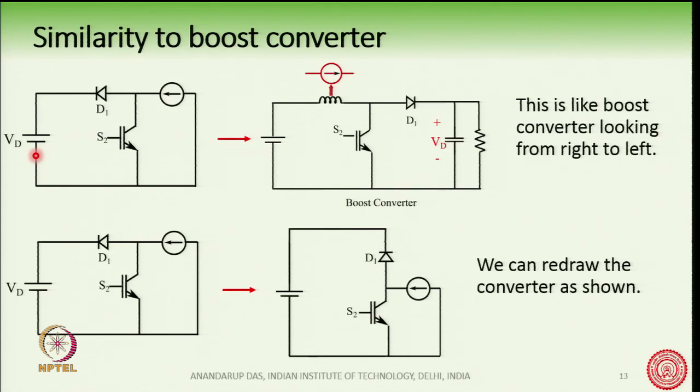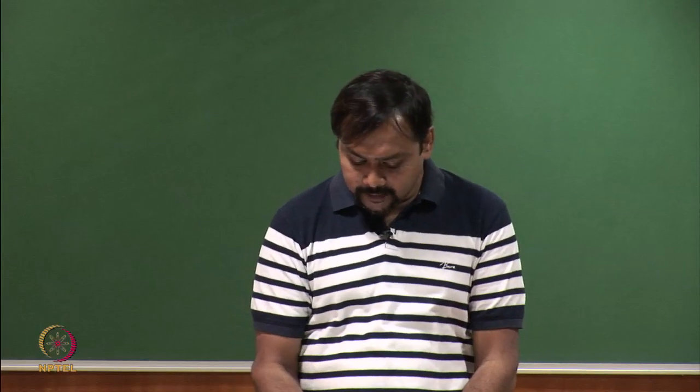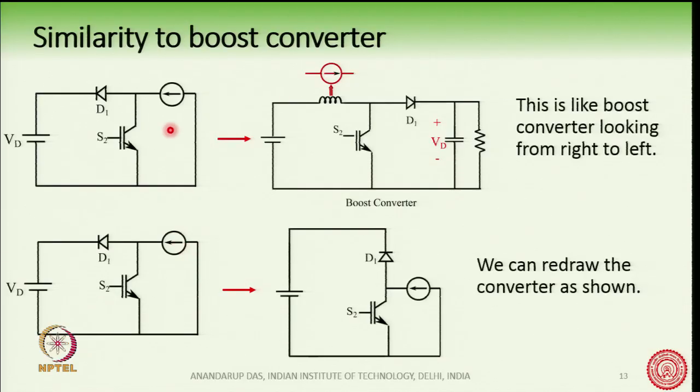Therefore, what I will do now is redraw this circuit in a slightly different fashion. You can see the voltage source is here and the voltage source is here. The current source is here and the current source is here.